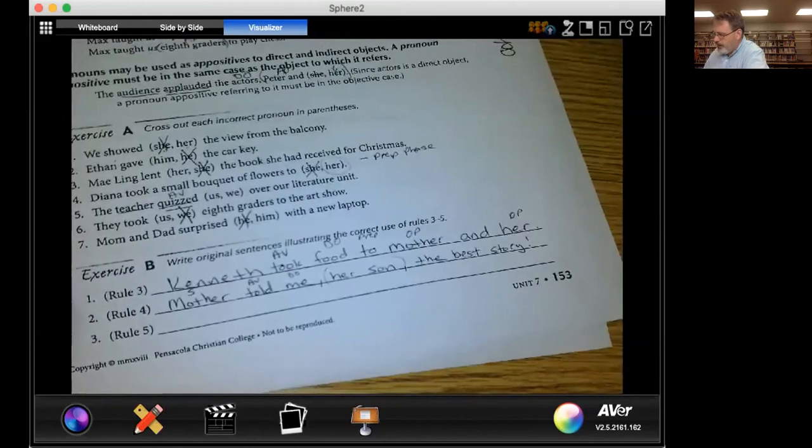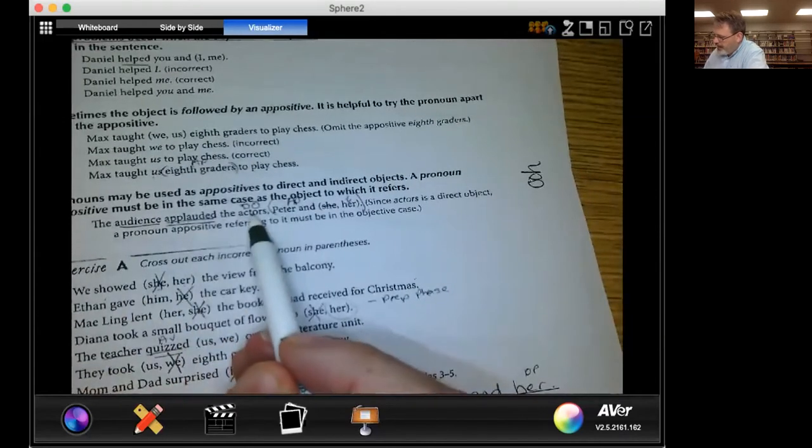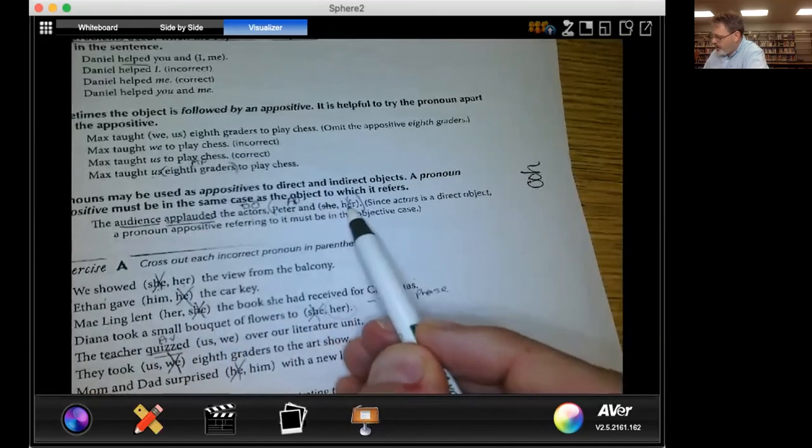So, for example, their example was the audience applauded the actors, Peter and her.